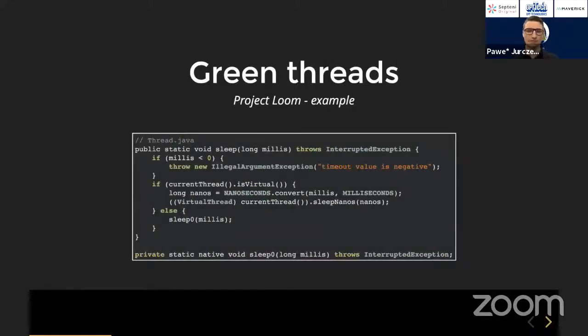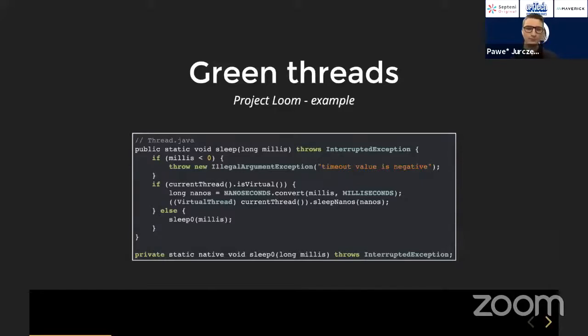In this example, I'm using the thread.sleep method, which all of you are probably aware of. And this method will be changed, or already is changed, by the authors of Project Loom in a way that understands whether the method was invoked from a virtual thread or from a regular JVM thread. And depending on that context information, it will behave slightly differently.